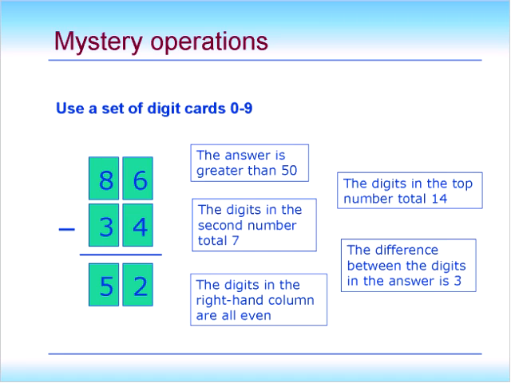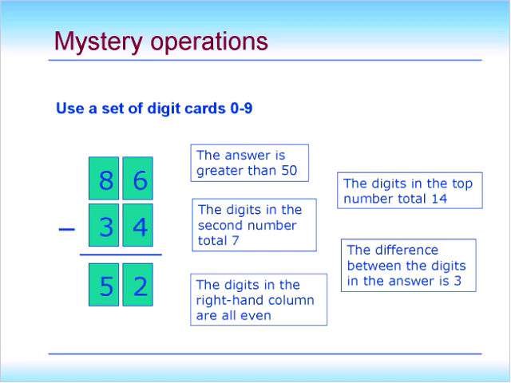And if you look at the clues, the answer is greater than 50, yes. The digits in the second number total 7. The digits in the right-hand column are all even, yes. The digits in the top number total 14. And the difference between the digits in the answer is 3. So it all makes sense, it all follows.